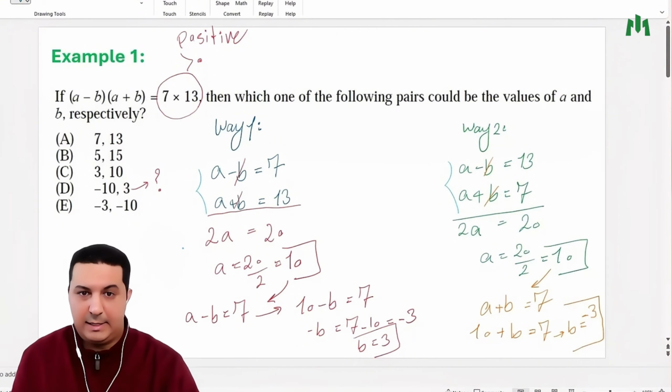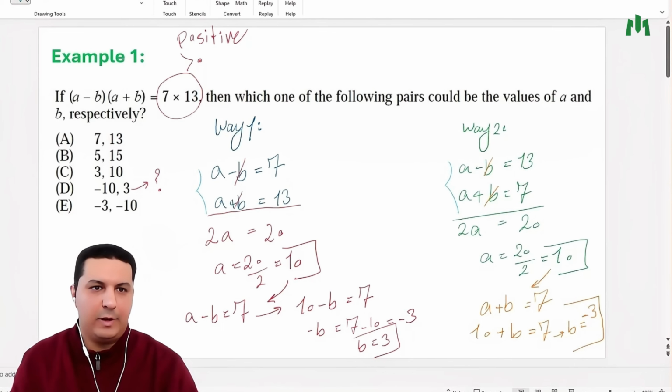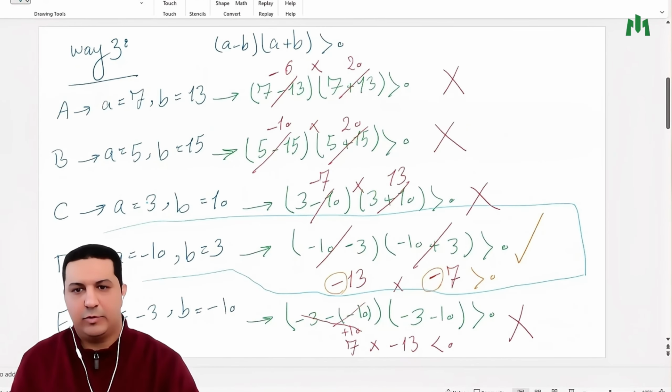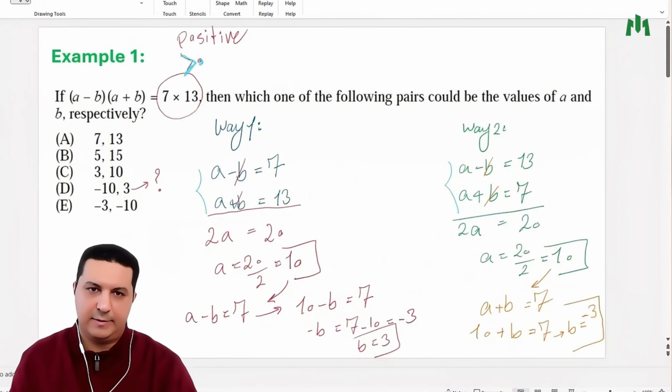Based on way one and way two, we could recognize it can be D. But when we put the numbers in, it was really clear that D is the right answer because, as I told you, the multiple of 7 and 13 is positive.